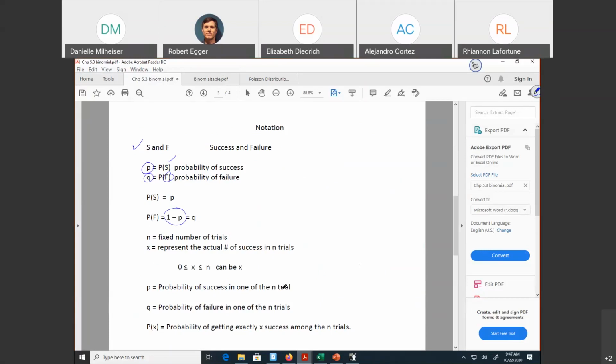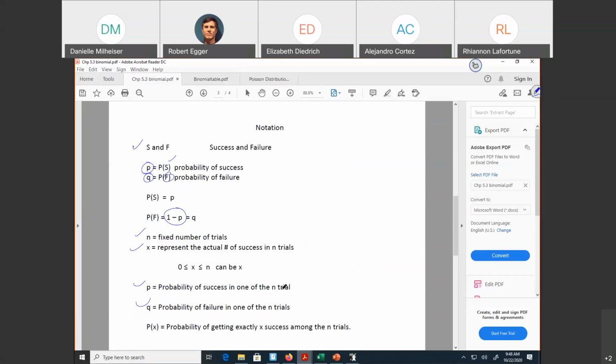So if we have N as a fixed number of trials, X represents the number of successes in N trials. Like I said, I'm rolling a die 8 times. What's the probability of having 3 of them come up 5s? Okay, P and Q are the probabilities of 1 trial. And the probability of X is the probability of getting exactly X successes among the N trials.